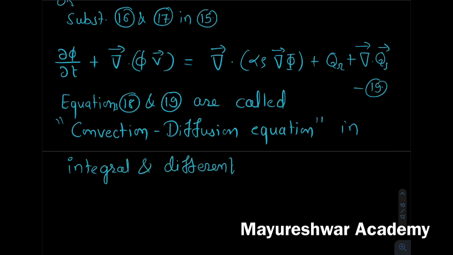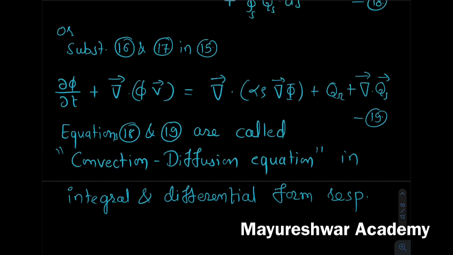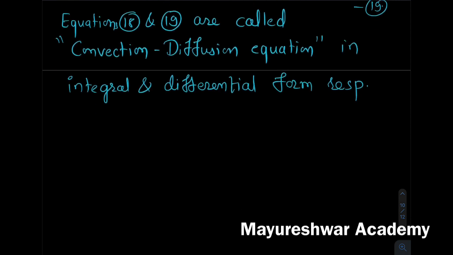So in every CFD code, these equations are solved. They are the basic governing equations of conservation of mass, momentum and energy, in convection diffusion form.